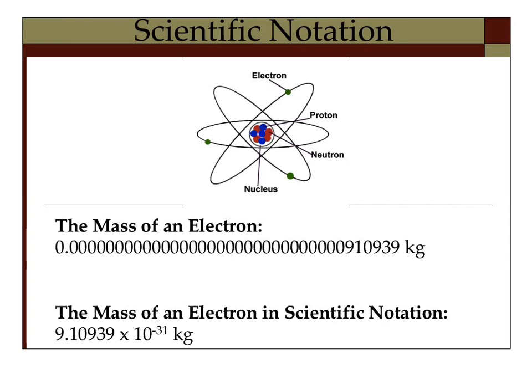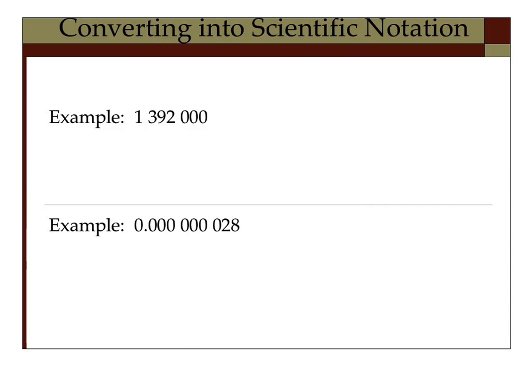So let's do a couple of examples here. First one: 1,392,000, in scientific notation. First off, I want the number part of it, the part that's actually got numbers. So I'm just going to write those: 1, 3, 9, 2.